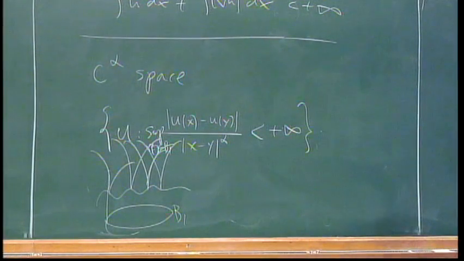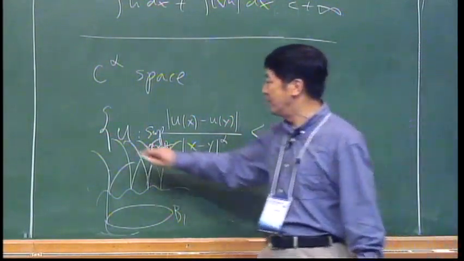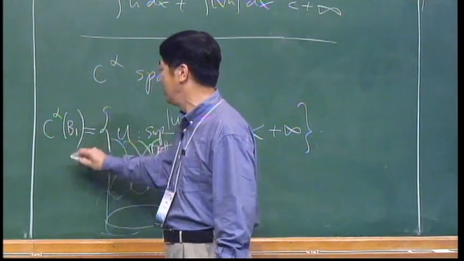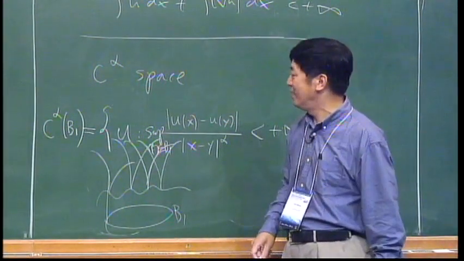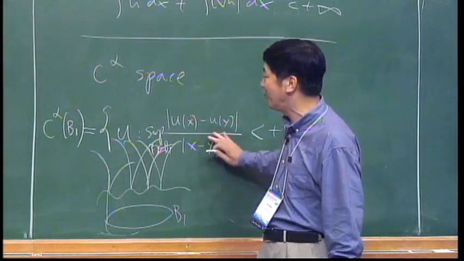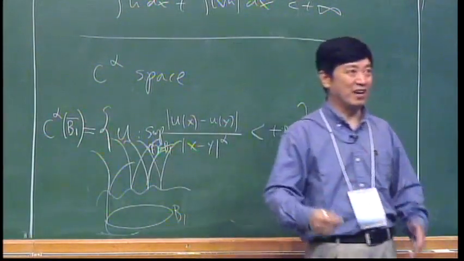If you can draw that, it says U is Hölder continuous with this exponent alpha, and this notation is C alpha ball 1. Once the Hölder continuity is fixed, you can always put a bar here. Bar or not bar, they are really equivalent.